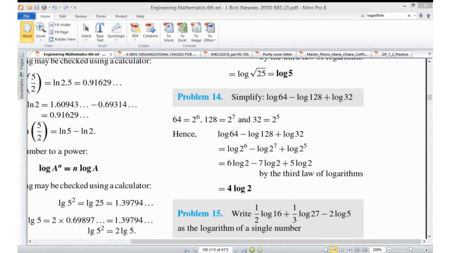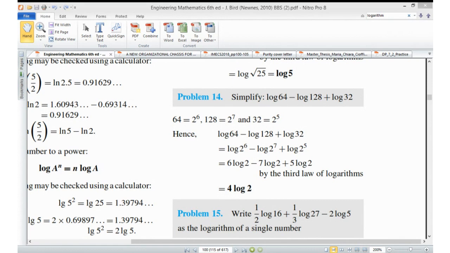So you can express them into those bases, then rewrite the equation with the logs, with the powers, and with the new bases.